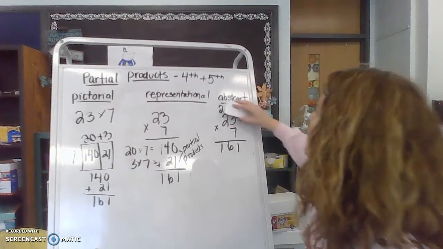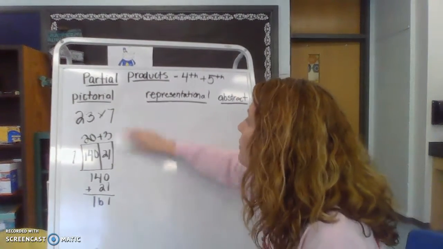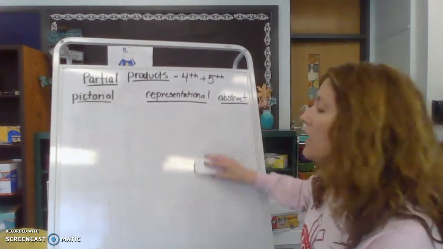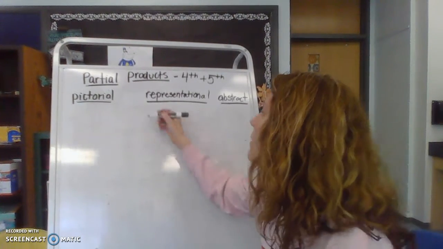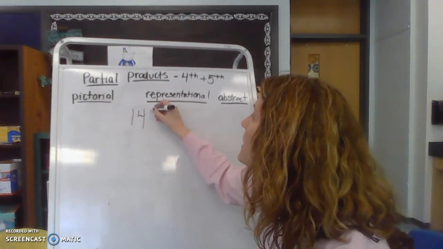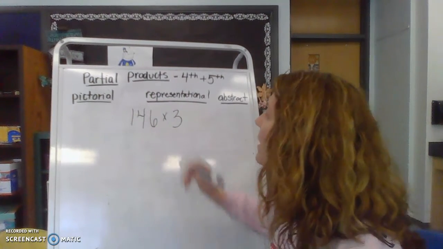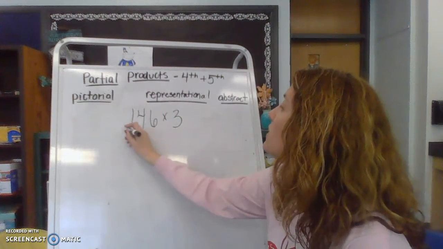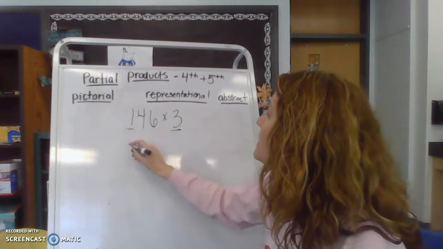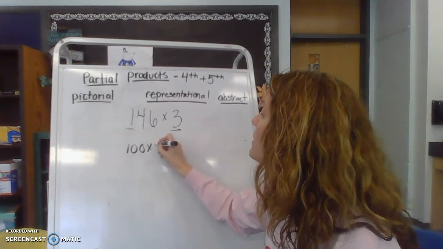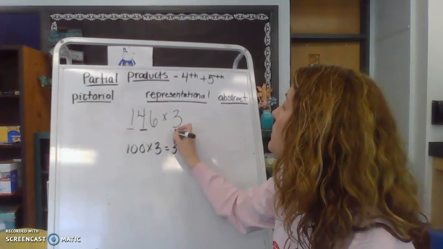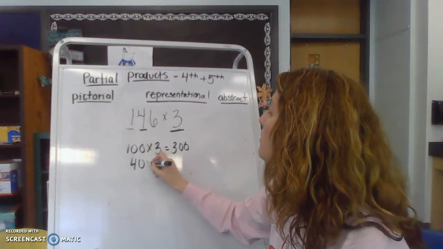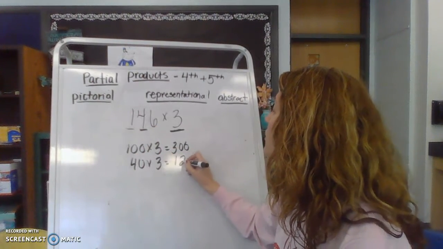Okay. I'll show you one more example for 4th grade using a 3-digit number times a 1-digit number. So let's say we had 146 and we wanted to multiply that by 3. Again, students would start in the hundreds place and they would do 100 times 3 to get 300. Then they would move to the tens place to do 40 times 3 to get 120.